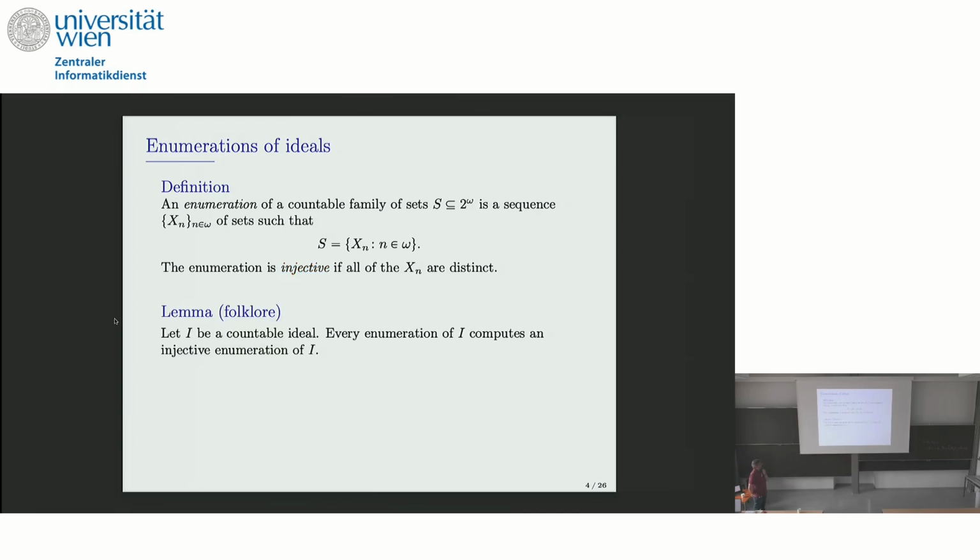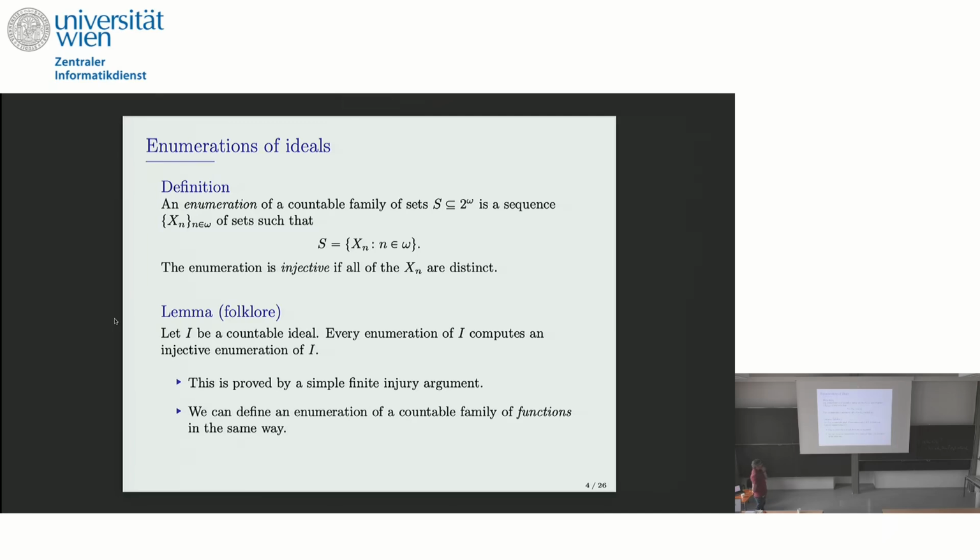Now, for any countable ideal, every enumeration can use an injective enumeration, so we're not really going to have to worry about that distinction between having an enumeration and having an injective enumeration. This is a simple finite injury argument. Basically, things look the same. You throw one of them away and maybe try again later.